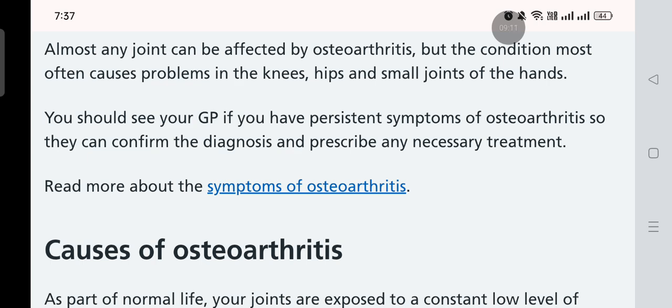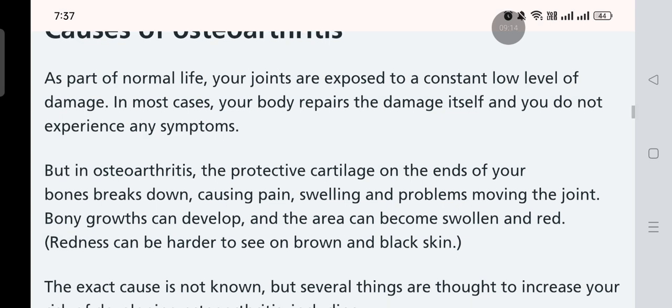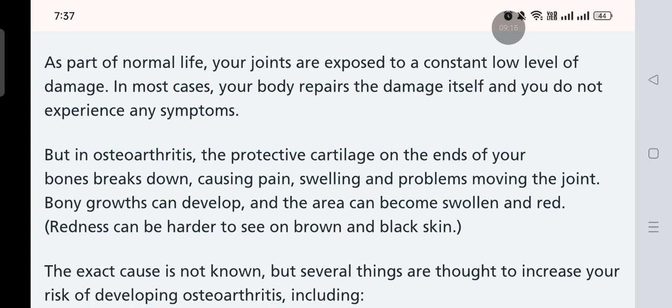Causes of osteoarthritis: it is part of normal life. Your joints are exposed to a constant low level of damage. In most cases, your body repairs the damage itself and you do not experience any symptoms.